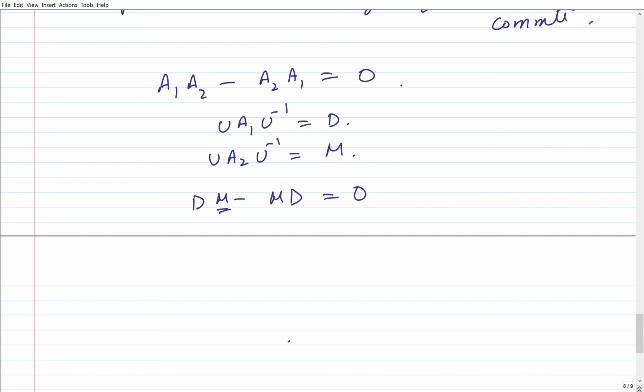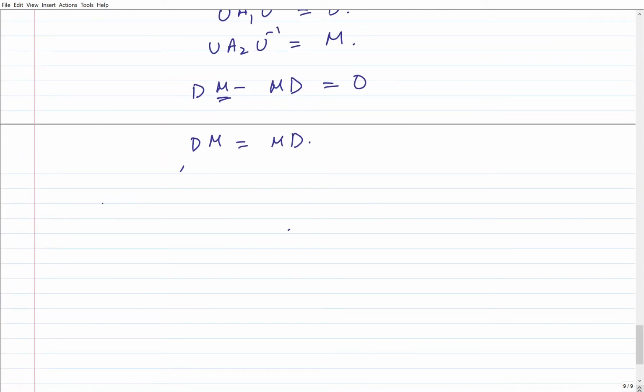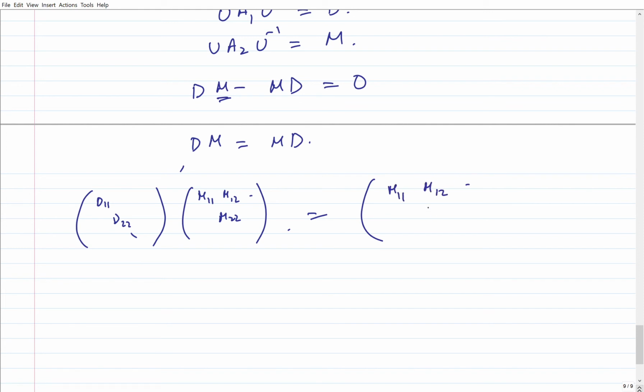I don't know what sort of matrix it is. So DM equals MD, where D is a diagonal matrix with d11, d22, d33 and so on, and M is some matrix with all entries m11, m12, and so on.